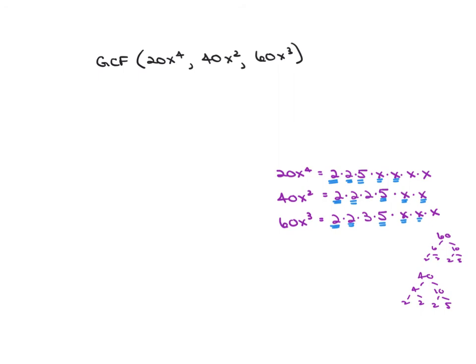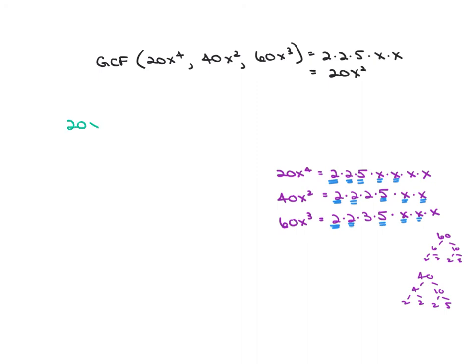So this means our GCF is going to be whatever 2 times 5 times x times x is. And that is 20x squared. So I think often getting it into the prime factorization is helpful for us to find all of the prime factors, whether they're numbers or variables, that they have in common, and all of them have to have them in common.